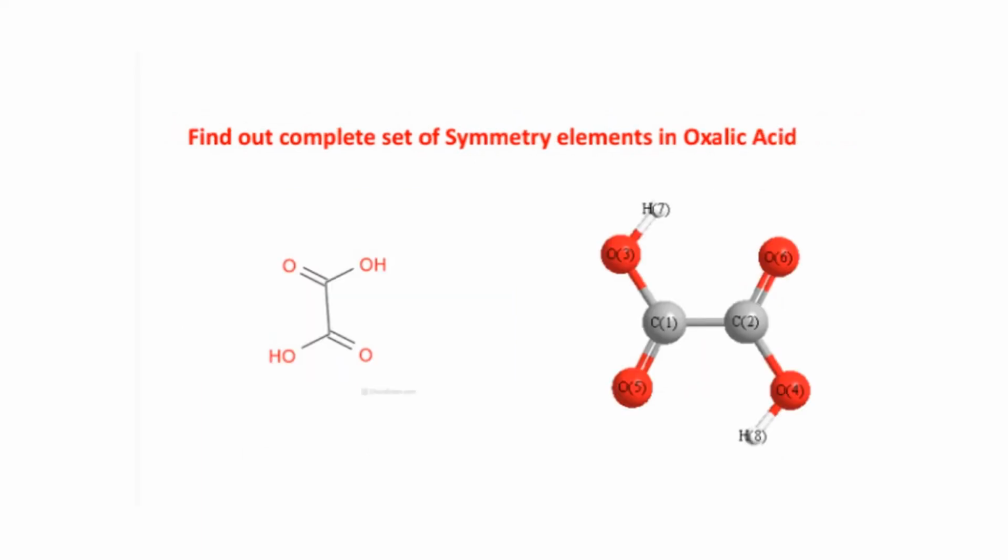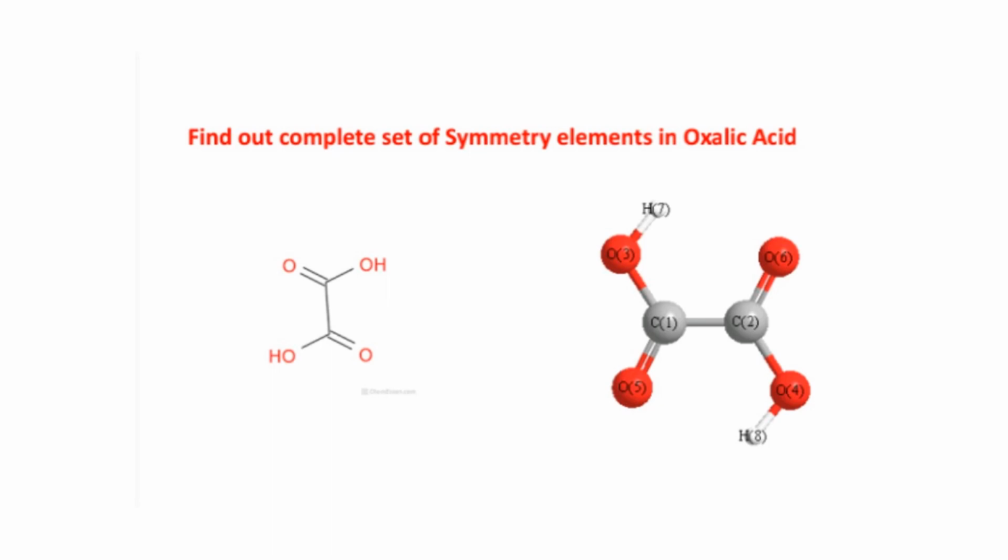The next example is to find out the complete set of symmetry elements in oxalic acid. Oxalic acid is a dicarboxylic acid. So for oxalic acid, first of all, we will see is there any identity present, then the symmetry of rotation present in this molecule. There is a C2 axis of rotation.